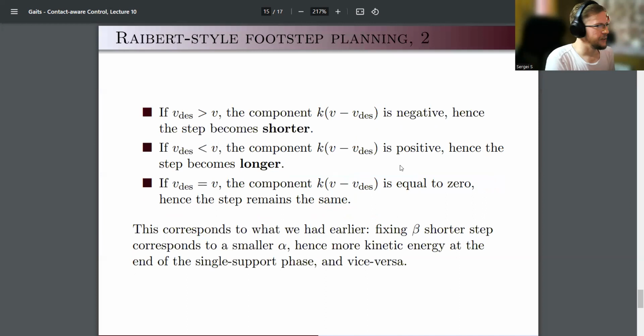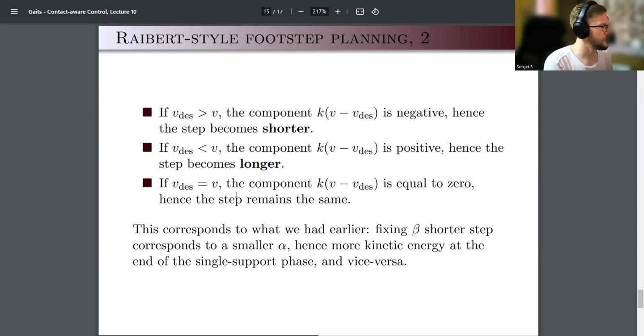Now, let's consider the effects. So if desired velocity is bigger than actual velocity, this component is negative, right? This is bigger than this. So the steps become shorter, as I said. If desired velocity is less than the actual one, then it is positive, and the steps are longer.